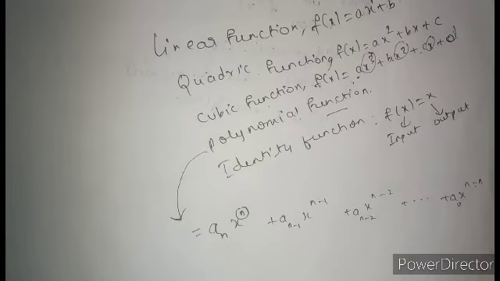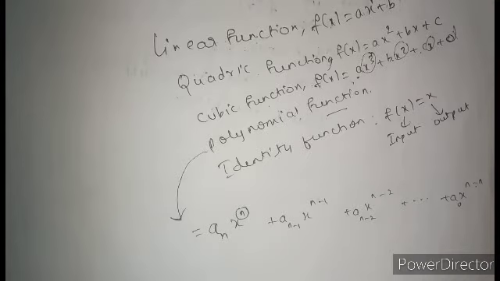An algebraic function is nothing but it should contain variables. First point, it should contain variables, and coefficients should be whole numbers, and powers should also be whole numbers, okay? Power shouldn't contain fractions.